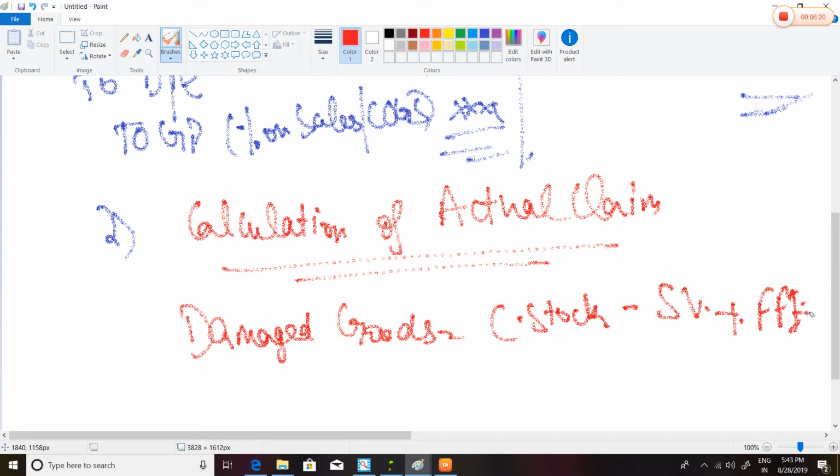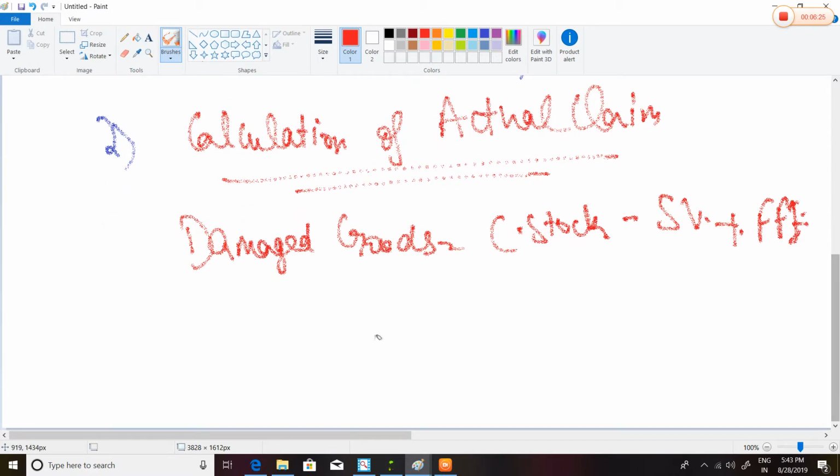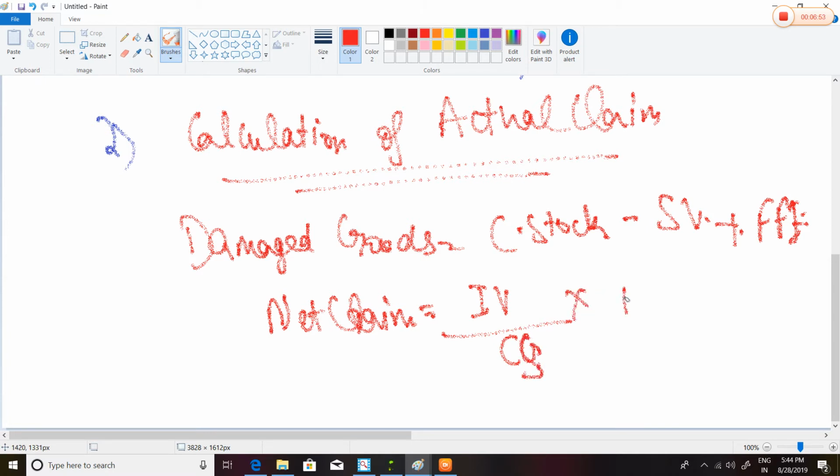Then we will calculate the net claim. The formula for the same will be the insured value divided by closing stock, into damaged goods.